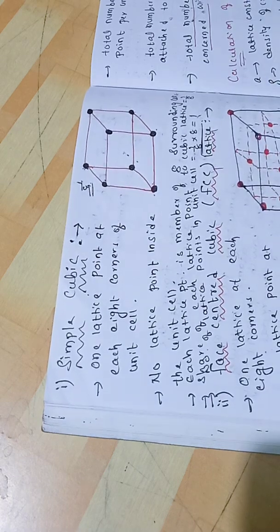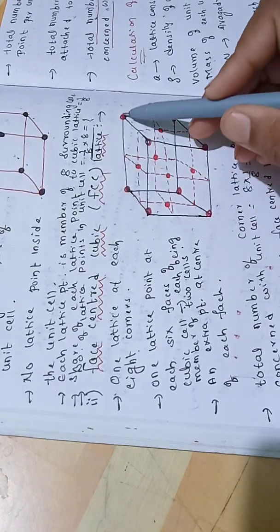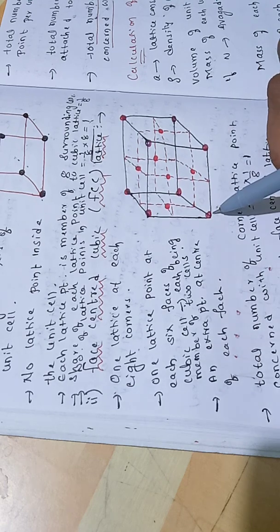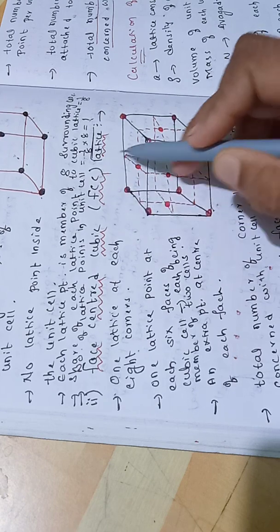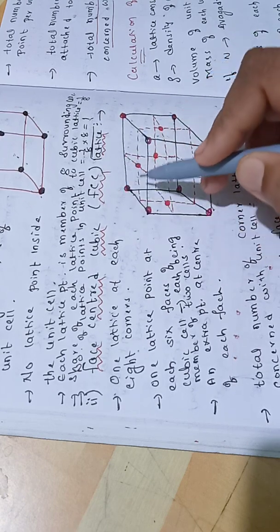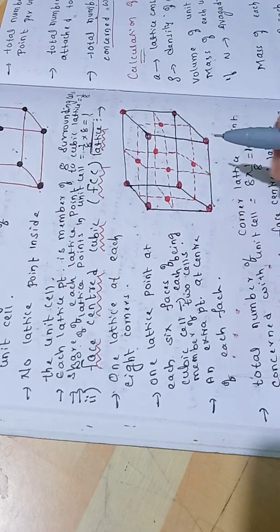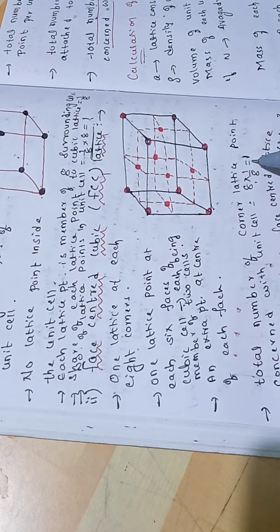Now next let us go for the face centered cubic lattice. As usual, at the corners we have 8 lattice points. Each lattice point is a member of 8 unit cells surrounding it, so the share from the corners is 8 into 1 by 8, that is 1.